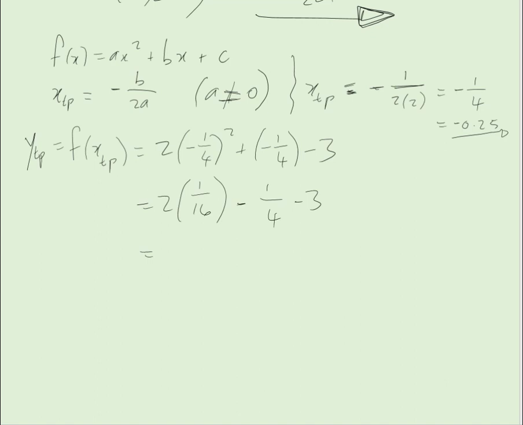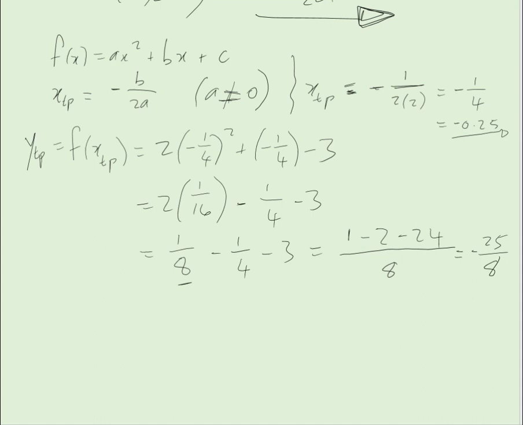Okay, 2 times 1 over 16 is just 1 over 8, minus 1 over 4, minus 3. Let's just put all this under one common denominator. Let 8 be the common denominator. So we end up with 1 minus 2 minus 24. This is just arithmetic of fractions. And 1 minus 2 is minus 1, minus 24 is minus 25 over 8.